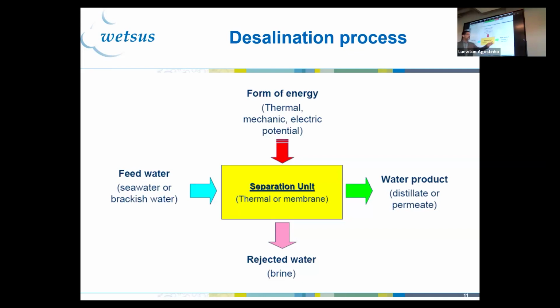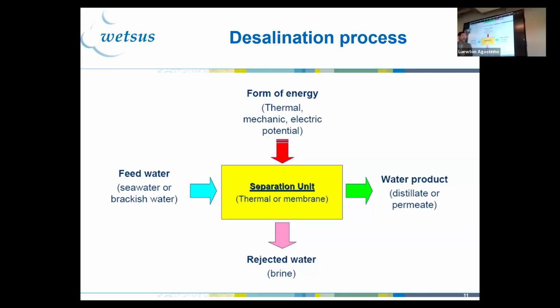Depending on the technology, this fraction changes quite a lot. For example, for thermal desalination, you'll be amazed, but this fraction can be up to 10%. So you have 100 liters in and you only get 10 liters of fresh water out. But of course, on top of all the water that you put in, you also have what we call the cooling circuit of thermal desalination that takes 80% of your total water feed.